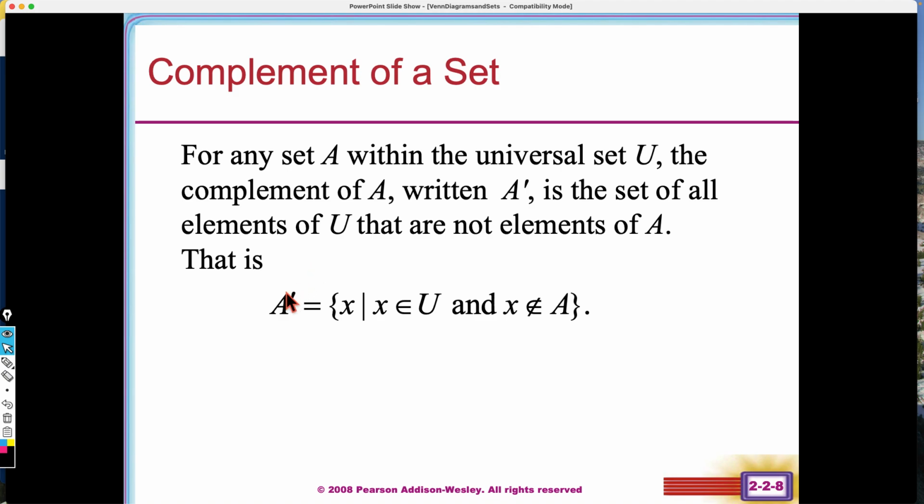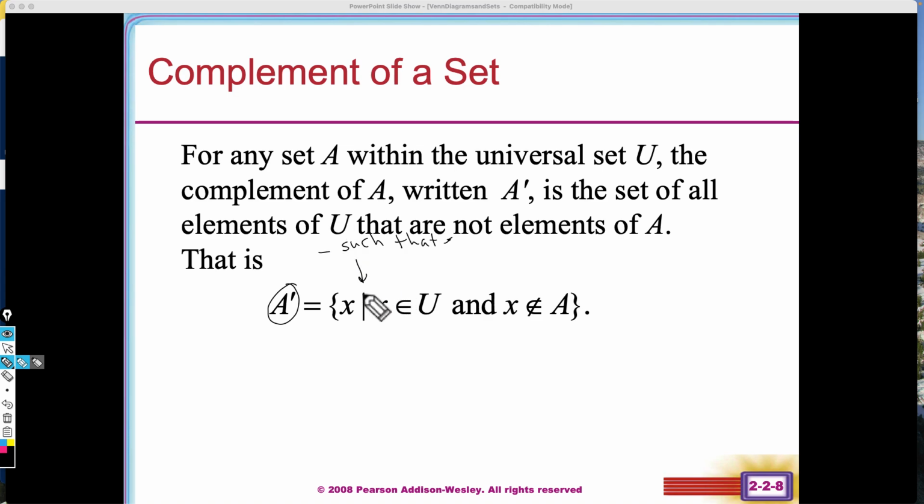And just some notation, again, we don't do this in the worksheet, but you may see this in some of the homework. We write this A complement, or not the thing that's in A, as every x. And this little bar here is just read "such that." This is called set builder notation.